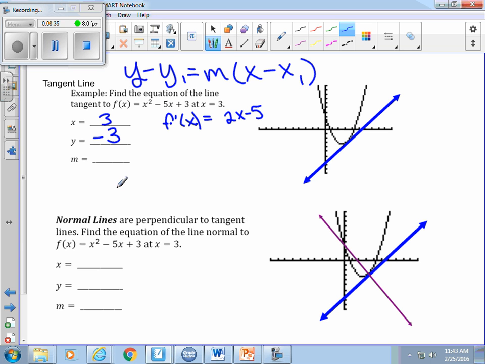And then I'm going to plug in 3 to that. Remember, m is a number. One of the biggest mistakes people make here is trying to not put a number. But m is a number. It's an actual slope. So I'm going to do f prime of 3, which is 1. Good. So y plus 3 equals 1 times x minus 3 is my tangent line.